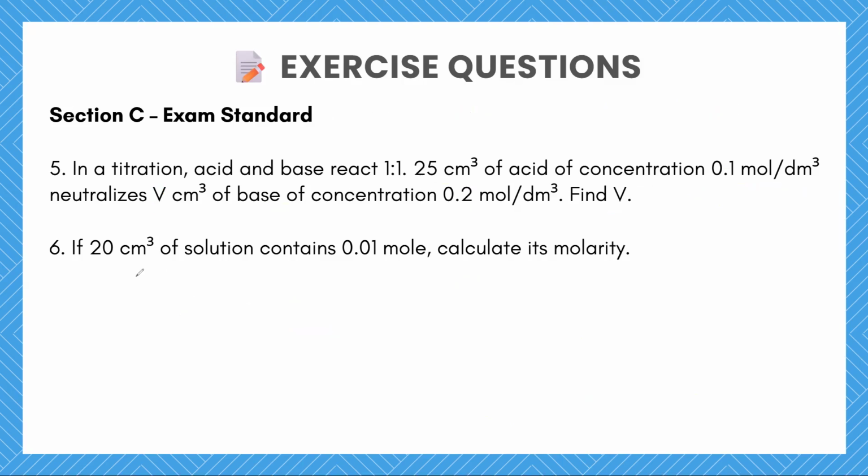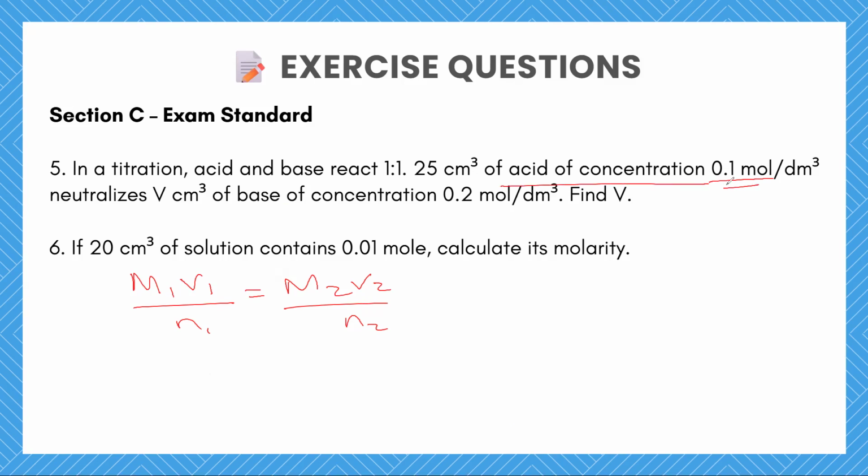So all these being put in place, let's go ahead and plug our values into the formula. We know that M1 V1 over N1 is equal to M2 V2 all over N2. So M1 is equal to 0.1 moles per dm cube.